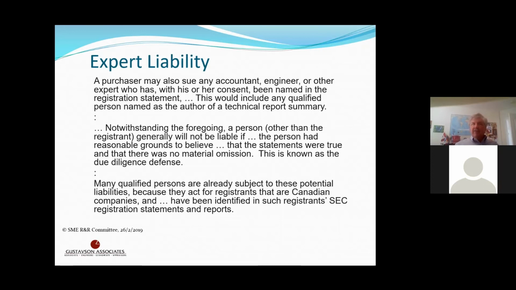I believe that under Canadian law, there is also a personal responsibility for the QP. So most of us, or many of us, have been doing this already.